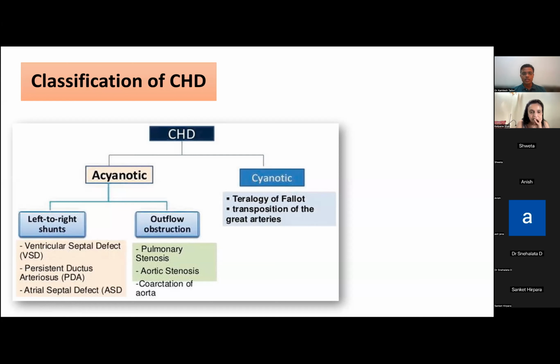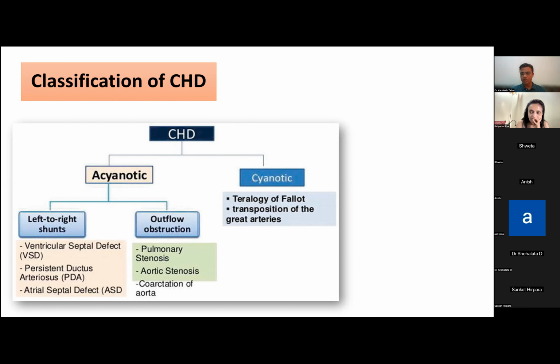In the acyanotic, outflow obstruction disease also comes under this heading. So either it is a pulmonary valve related problem or an aortic valve related problem. So AS or PS or severe coarctation, both fall in the acyanotic category. And the cyanotic category is tetralogy of Fallot's and TGA.